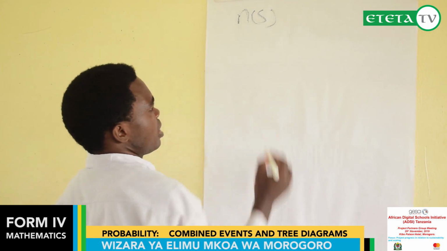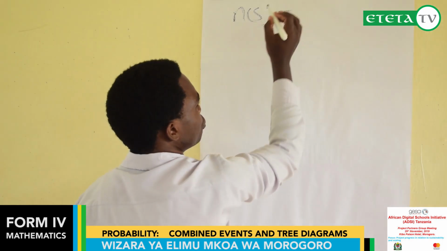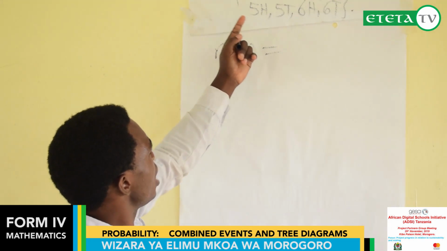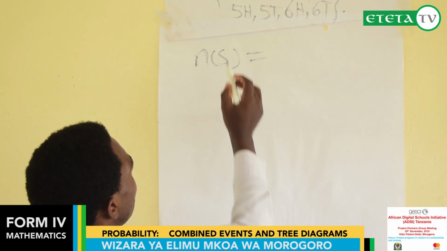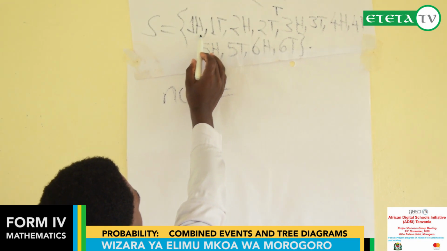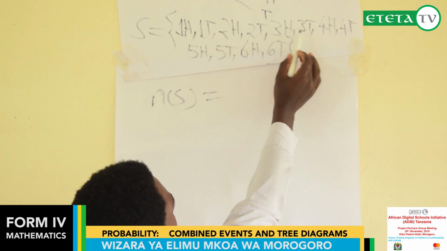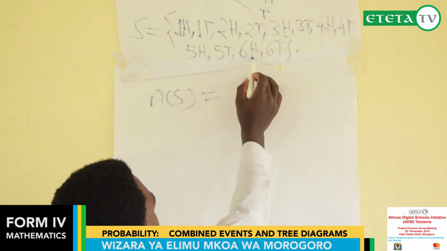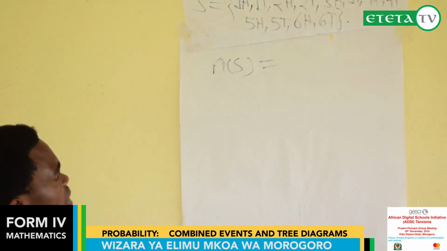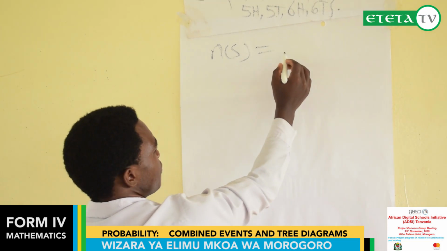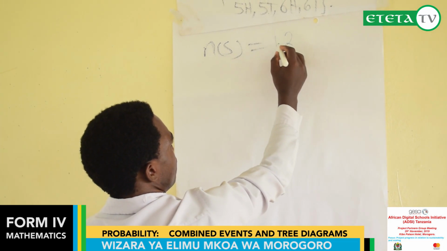This is the number of the sample space. What we do is count the number of all outcomes in the sample space: 1, 2, 3, 4, 5, 6, 7, 8, 9, 10, 11, 12. The total number of outcomes is 12. So here the number of the sample space will be 12.